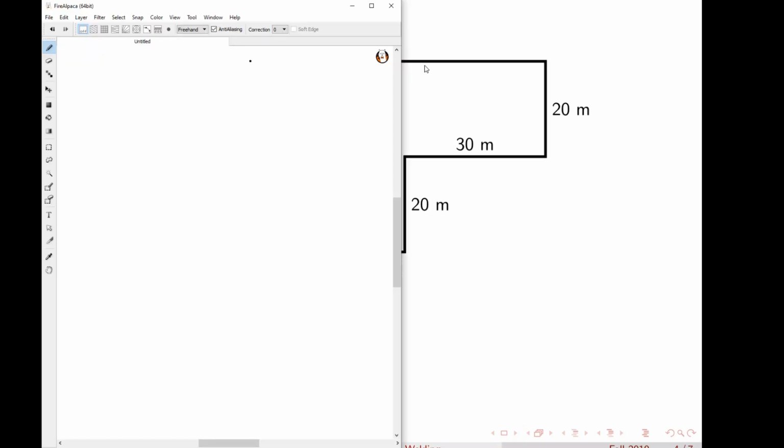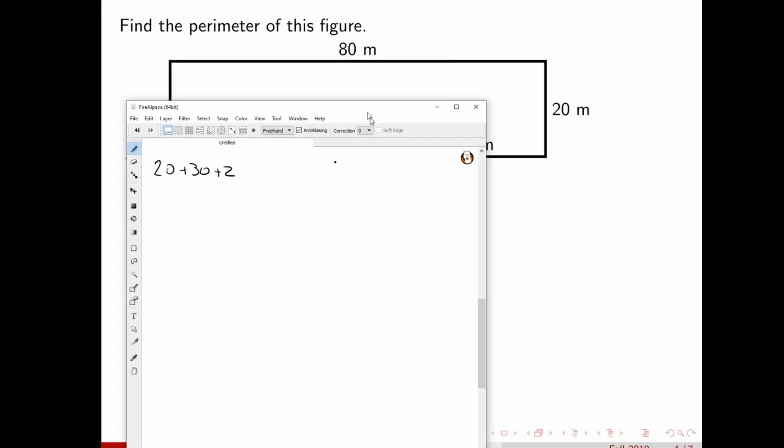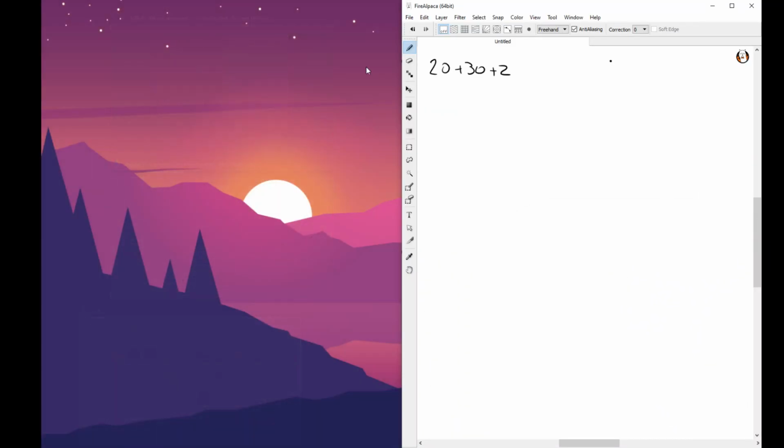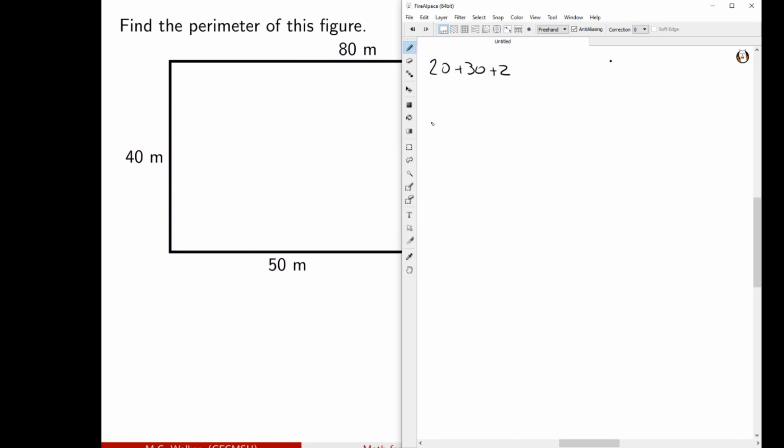We start with 20 plus 30 plus 20, and then 80 plus 40 plus 50, then 50 plus 100 plus 90 plus 150 plus 90, which gives 240 in units of meters, 240 meters.